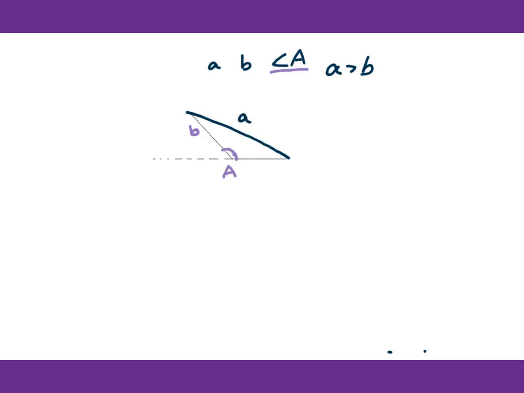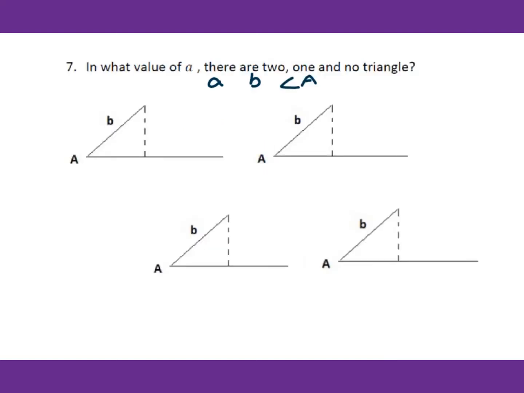Otherwise, you cannot form any triangle. When this angle A is an acute angle, if a greater than b, we can form only one triangle.